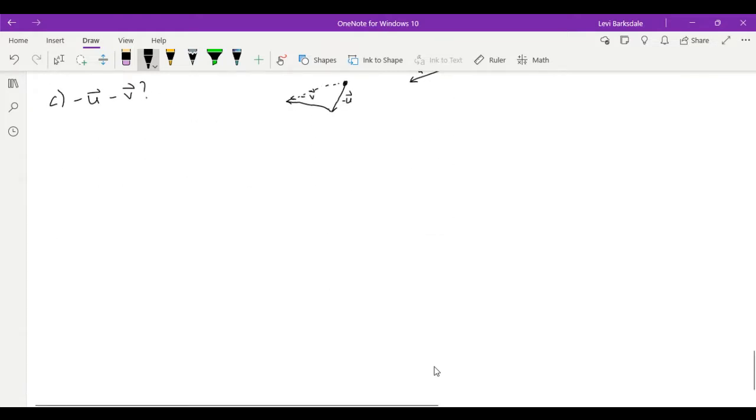Alrighty. So vectors are fine and all, but how do we actually represent vectors using numbers, because the arrows really aren't very precise at all. We represent vectors using coordinate pairs.